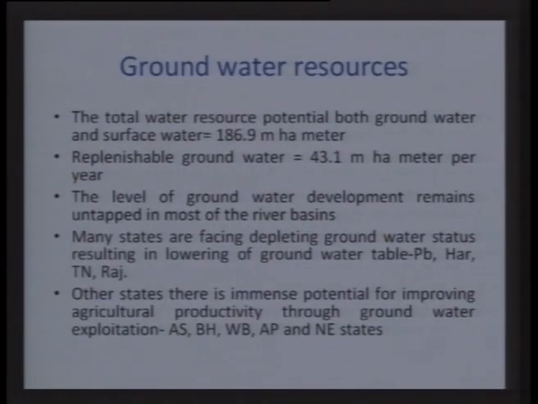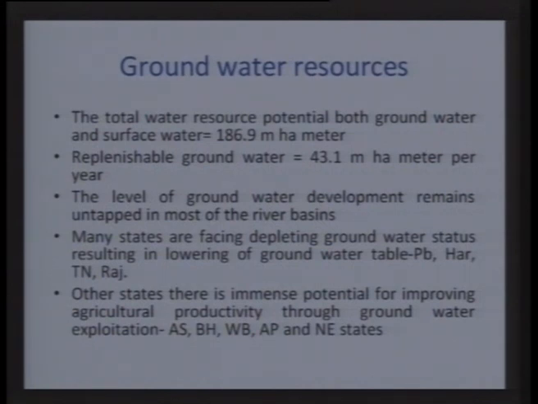So it has to be judiciously utilized, and to the tune where the replenishment rate of groundwater is there, recharge is there, to that tune we can utilize the groundwater, and this has to be monitored and efficiently utilized.